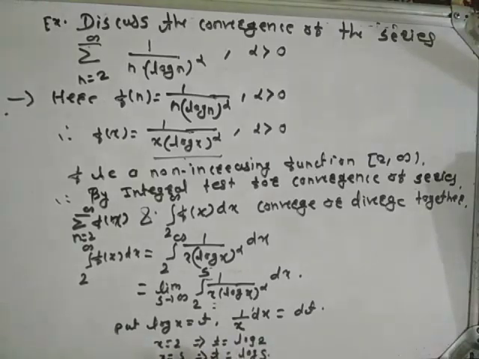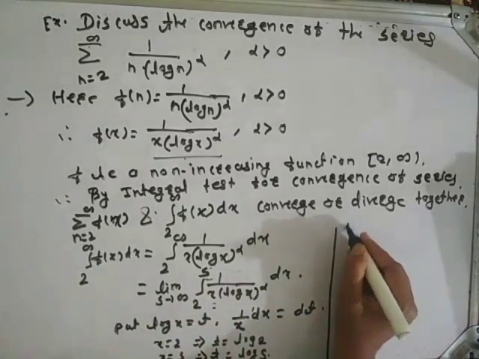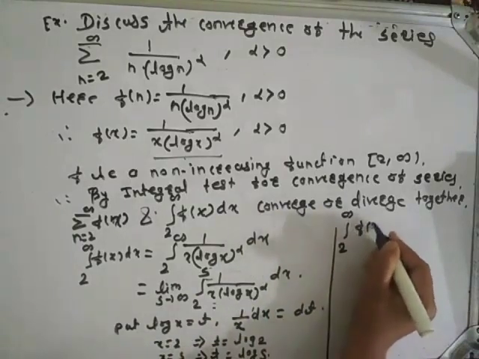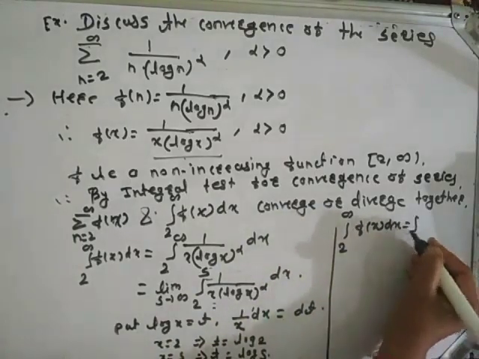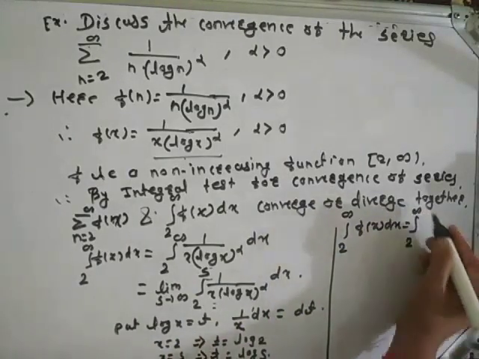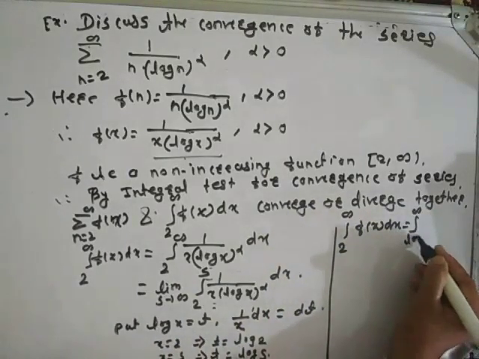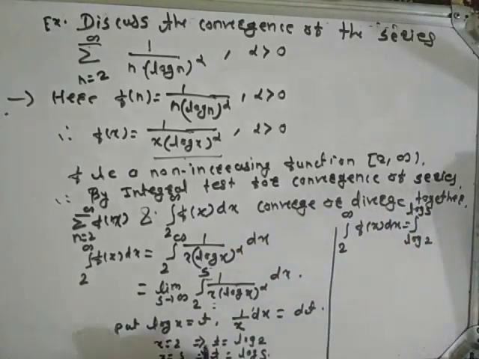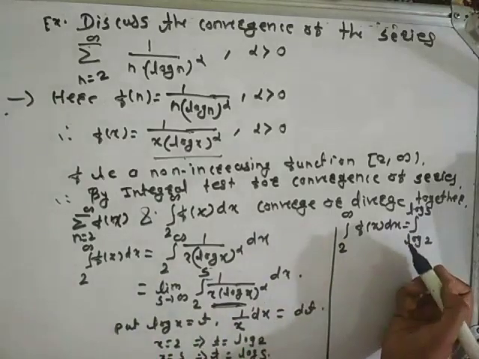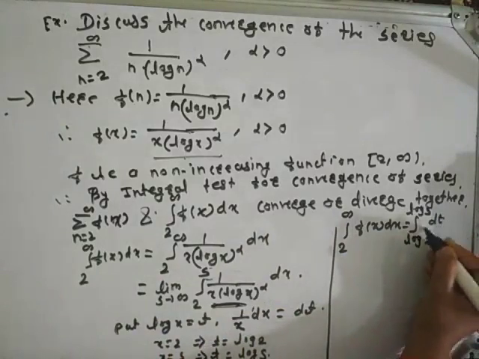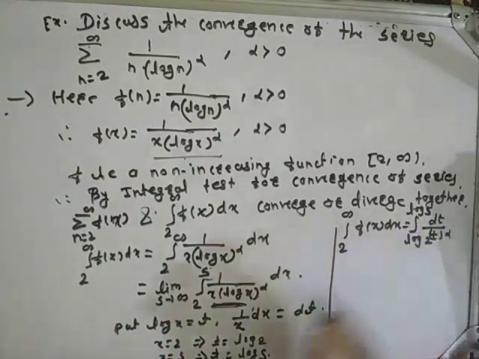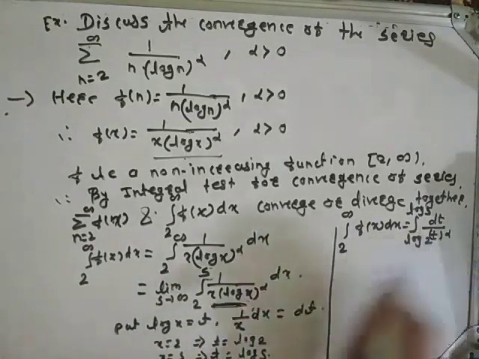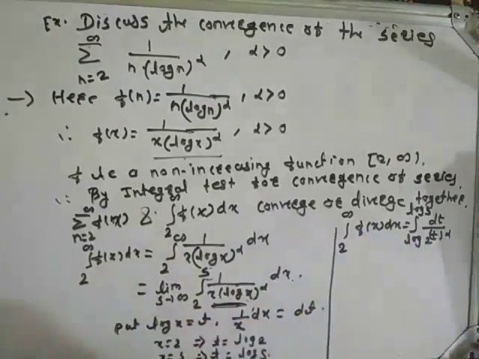Now put these values in this integration. We will get the integral from 2 to infinity of f of x dx equal to the integral from log 2 to log s, and this f becomes dt upon t raised to alpha, because log x is t, and 1 upon x dx is dt.